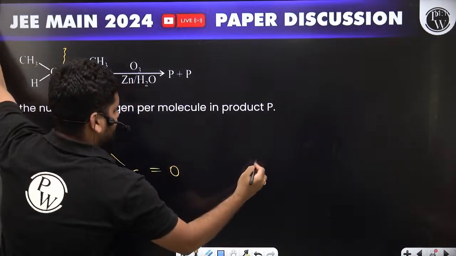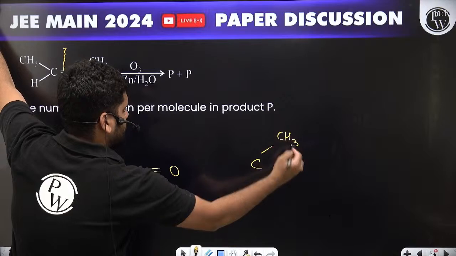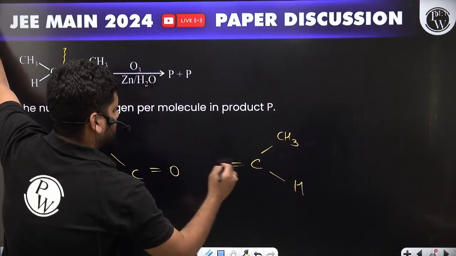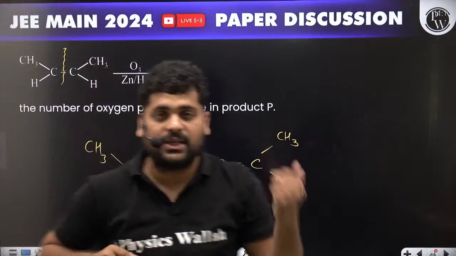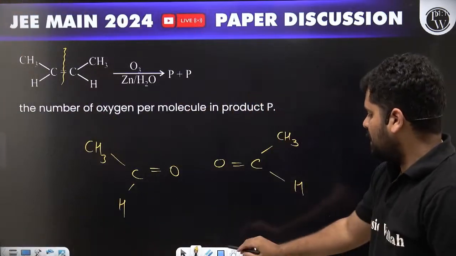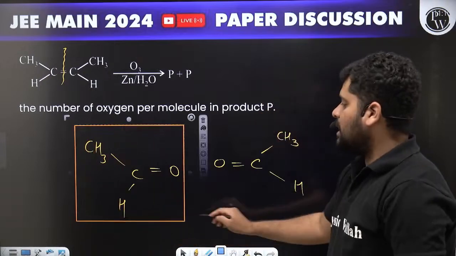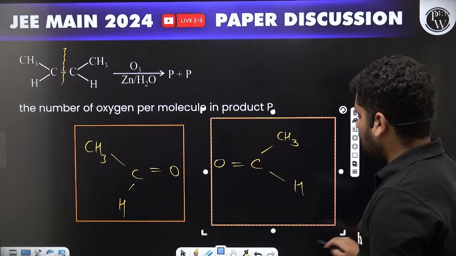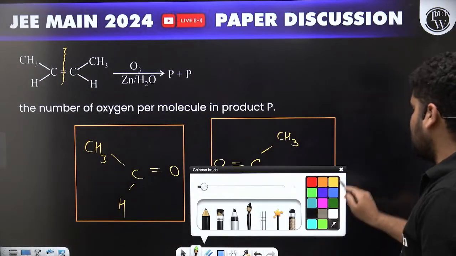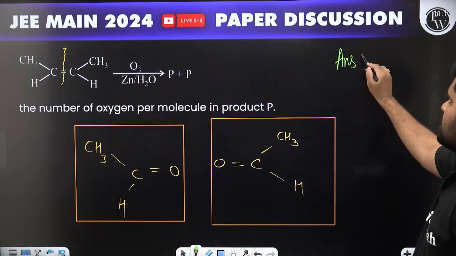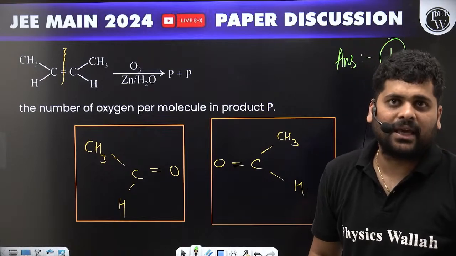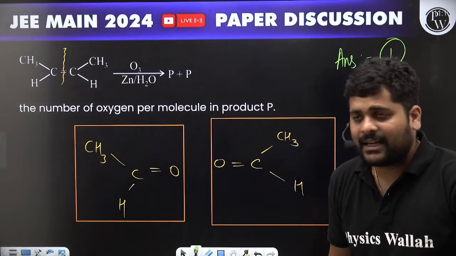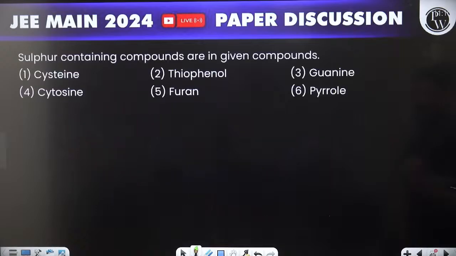Here also the same case, CH3CH with a double bond O. So the number of oxygen atoms per molecule. In one molecule, how many oxygen atoms are there? You have just one oxygen atom. So the answer for this question is straightforward 1. Okay, right? Clear everyone? Now, moving on to the next one.